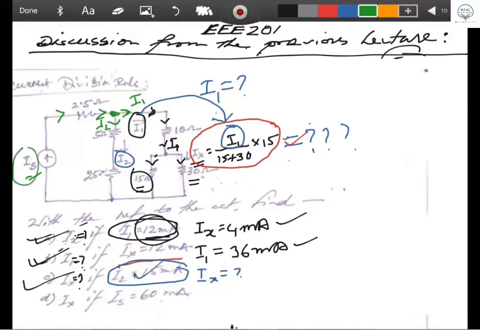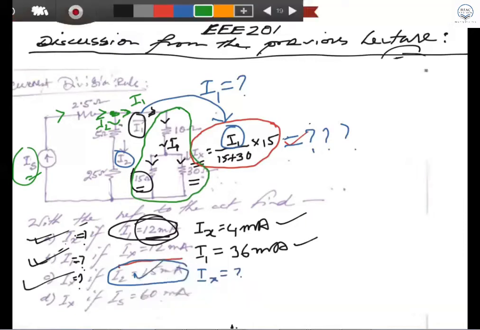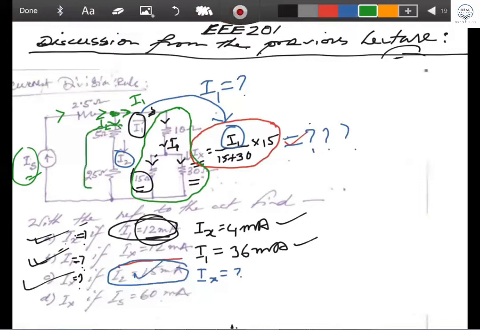One is I1, and I1 is going through this resistor. If you see the whole bunch of resistors here, and the other part of the resistors here, I2 is going through this resistor and I1 is going through that resistor. So let's say this big one is R1, and this one is R2.